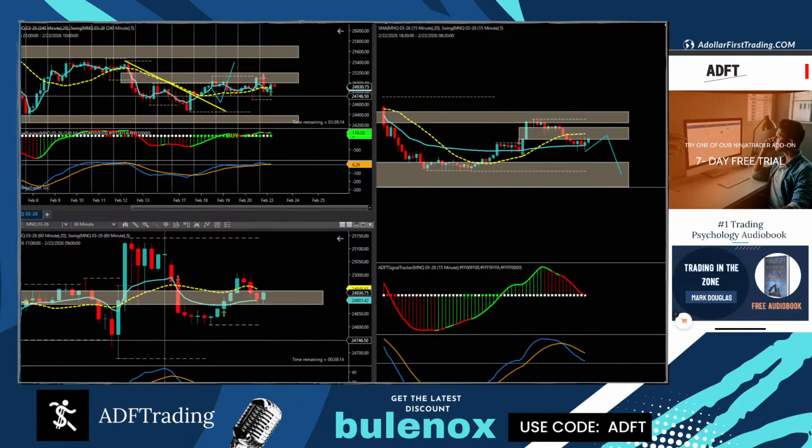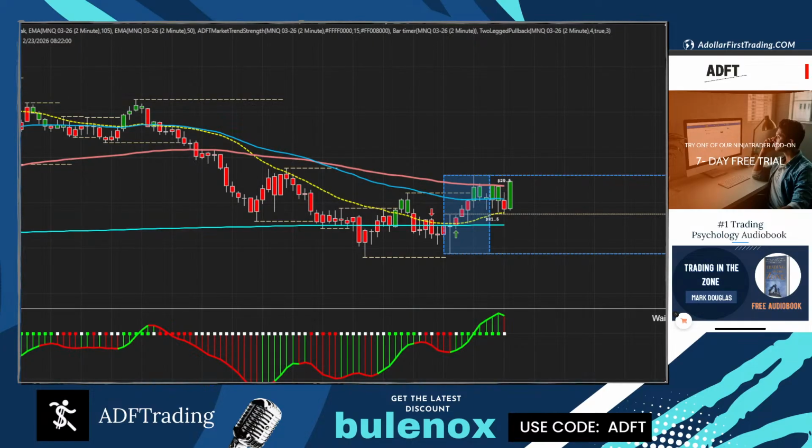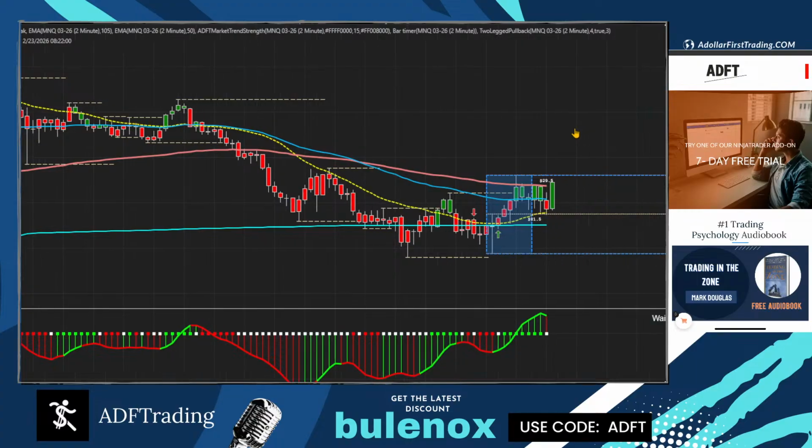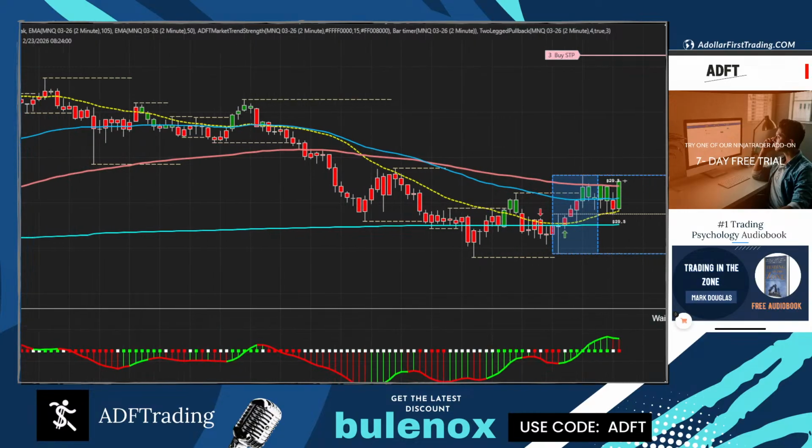So right now we're just playing off the 2 minute. We're just gonna ride with the 2 minute, and right now we're getting a big nice bull candle to the upside. If we get a close above the 105 MA, this is a nice spot to get in, but I wanna get that upper range break before I get in.